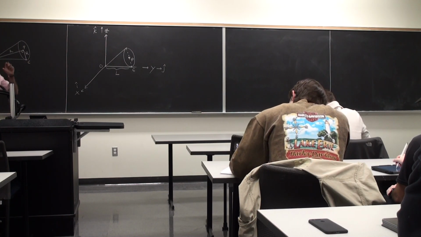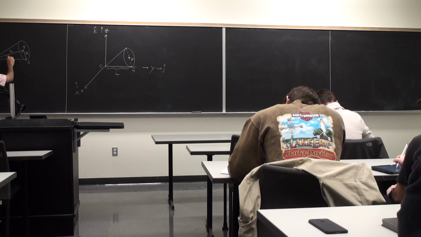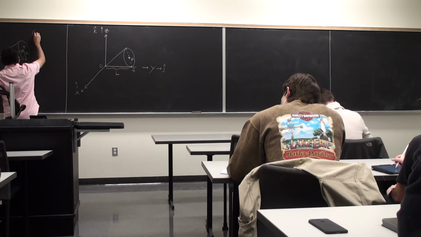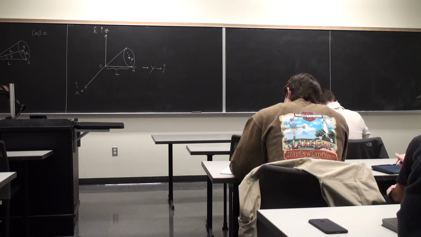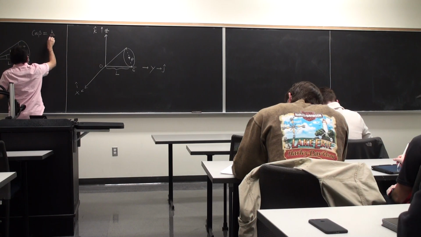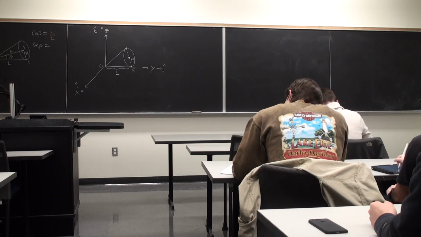I'm going to call the angle subtended by these two lines, h and L, as some angle beta. We have cos beta and sin beta. So cosine beta is h by L. Common angles.